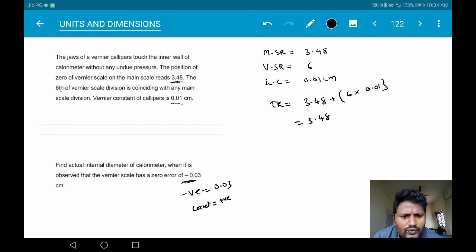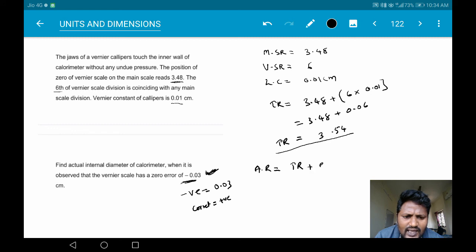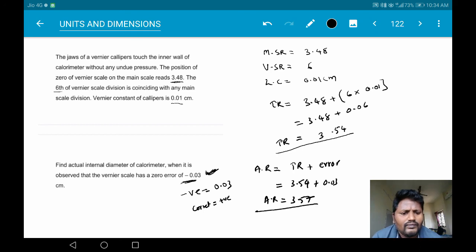So 3.48 plus 0.06. So total reading is 3.54. But what kind of error does the device have? Negative error. Therefore actual reading is equal to total reading plus error. So 3.54 plus 0.03, so 3.57 is the actual reading. Next one.